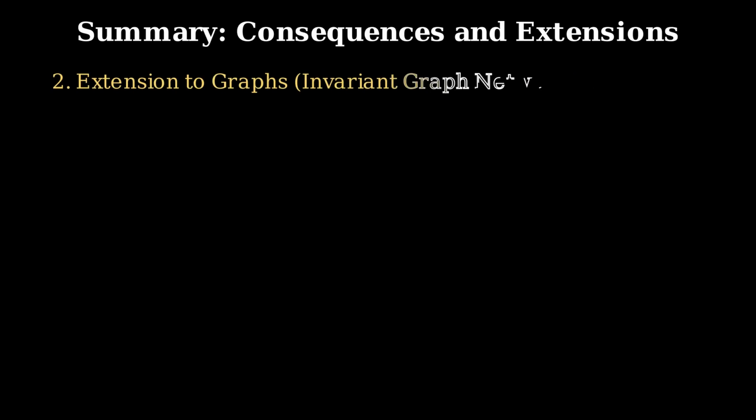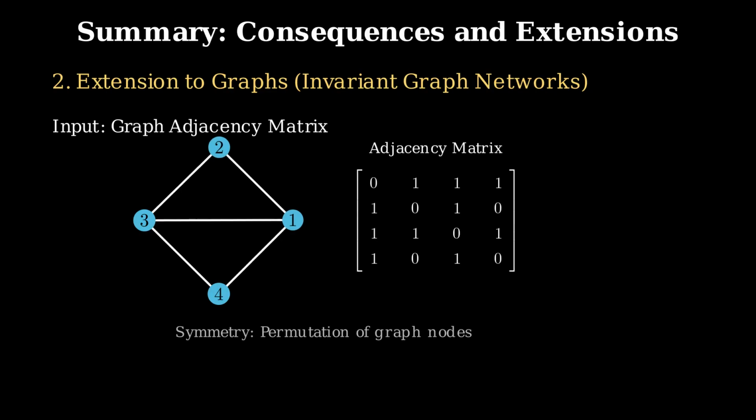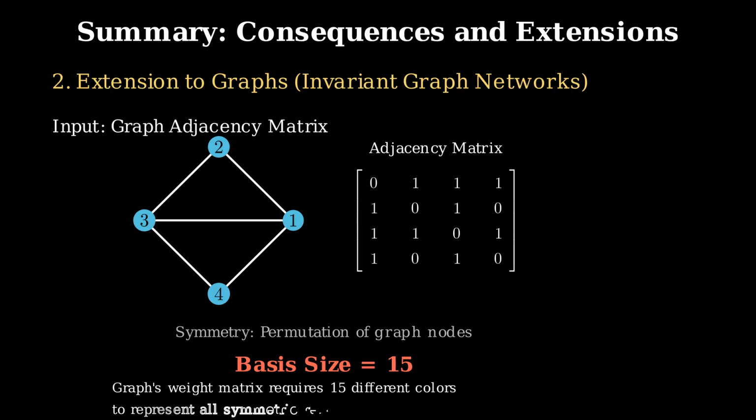Second, we can extend this mathematical framework to graph neural networks, specifically invariant graph networks. Here, the input is a graph adjacency matrix. The symmetry we care about is the permutation of graph nodes. If we swap two nodes, the underlying graph remains structurally identical. However, analyzing the weight matrix for graphs reveals that it requires exactly 15 different basis elements to represent all symmetric relationships between node pairs.